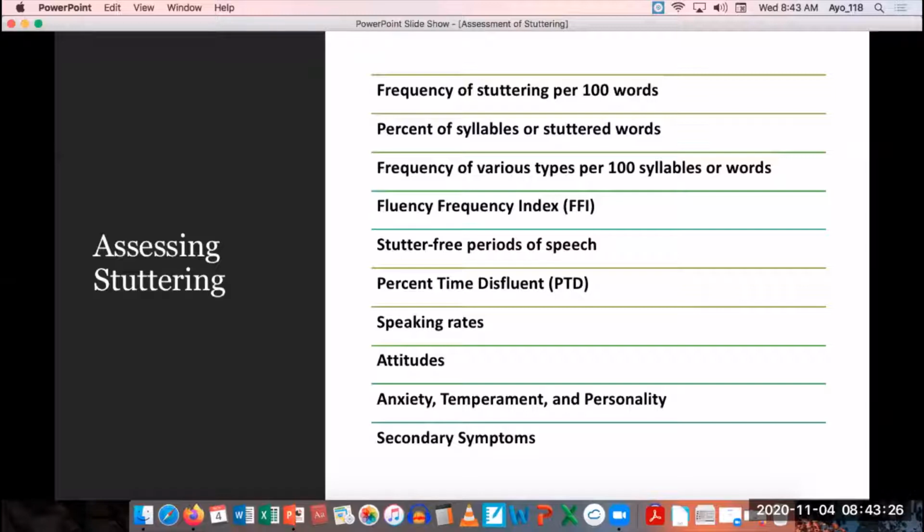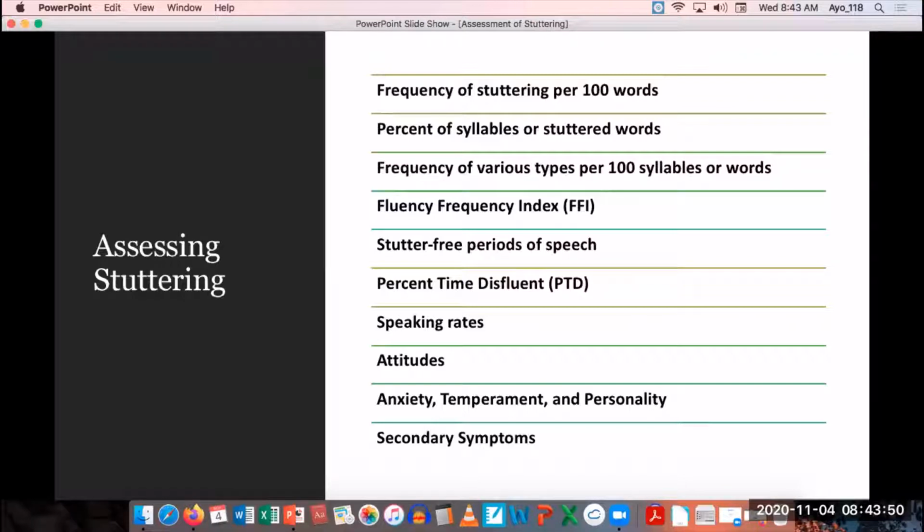If you're counting the percent of fluent words, then you're going to count all the words and count all the words where they were fluent. So this number will give you a percent saying like 75% of the time the patient is fluent. That means that 25% of the time he or she was disfluent.